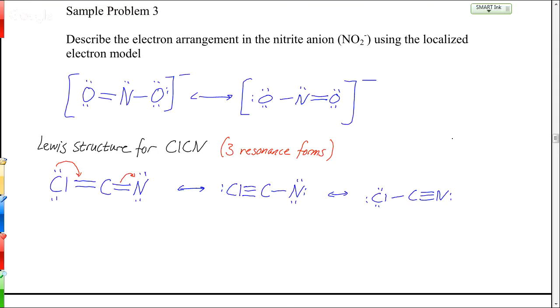I don't know if I can get the formula on. Yeah, I can't get the formula on that same screen. I'll put it up here. Remember, formal charge is the valence electrons minus the non-bonding electrons minus the bonds. And you need to know that formula.